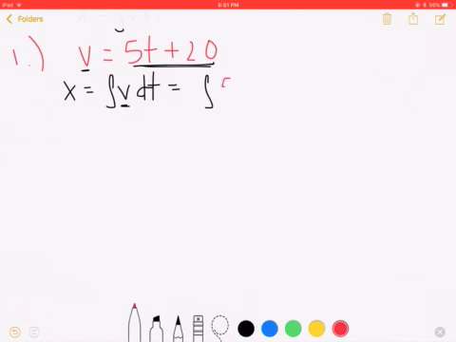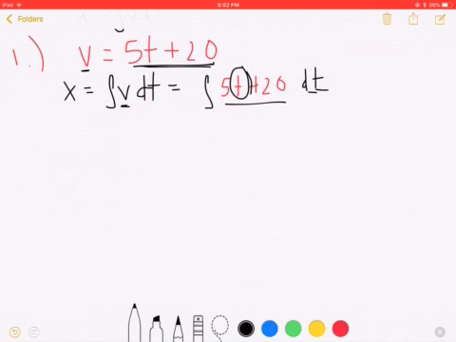Okay, so to integrate here, I'm going to take t to the n plus 1 and divide by n plus 1. I'm going to write out all the steps here. So I'm going to have 5 times t to the 1 plus 1, divided by 1 plus 1.